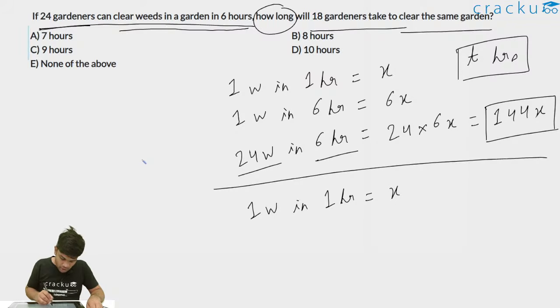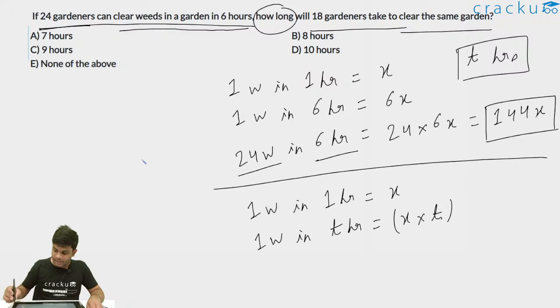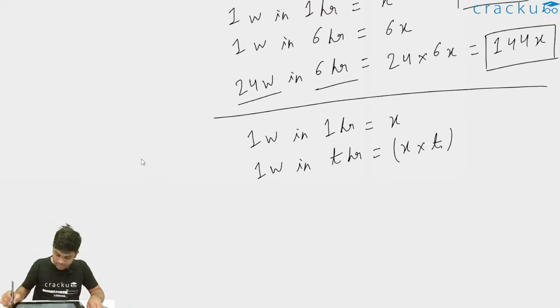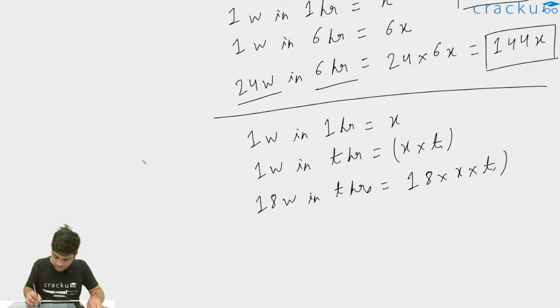So one worker in t hours will do x into t amount of work. Similarly, 18 workers in t hours will do 18 into x into t.